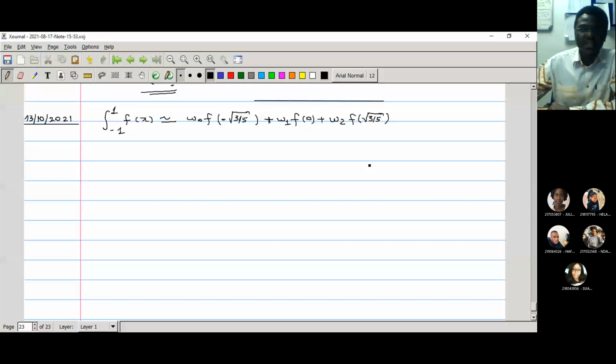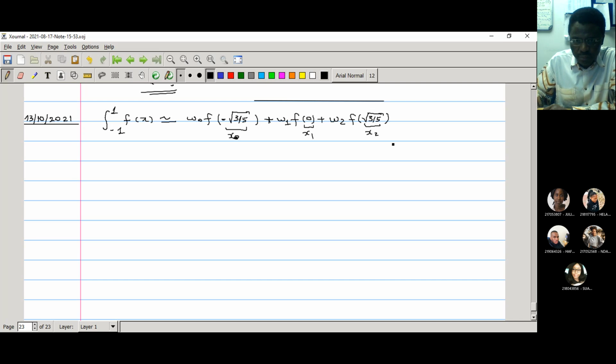Okay, so this is the rule, right? And we want to solve for this, right? We have three unknowns. I already indicated that we have three unknowns, and we need three equations, right? Since the number of nodes here, you can see we have 1, 2, 3: x0, x1, x2.